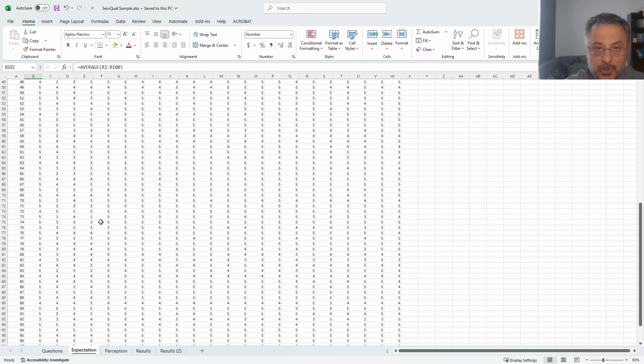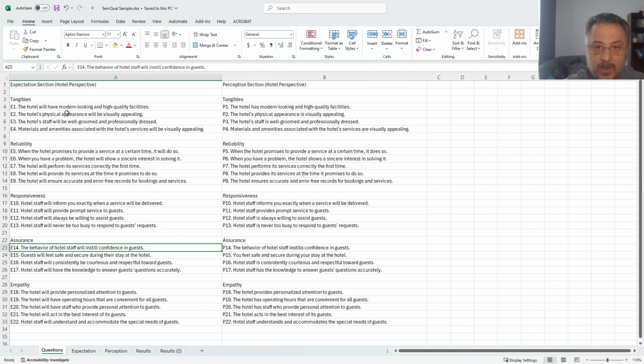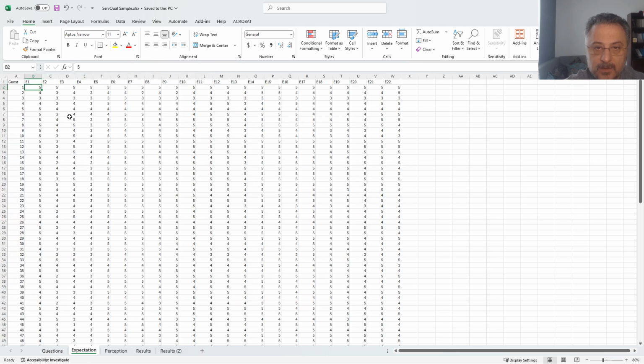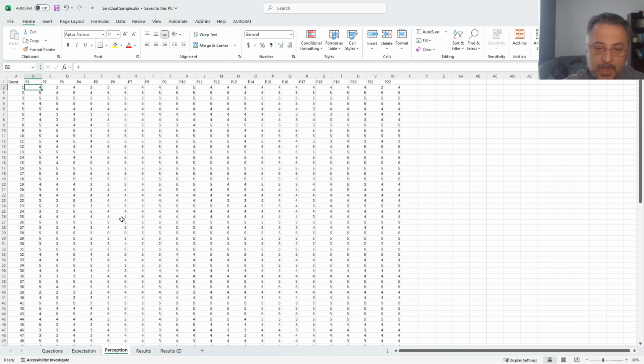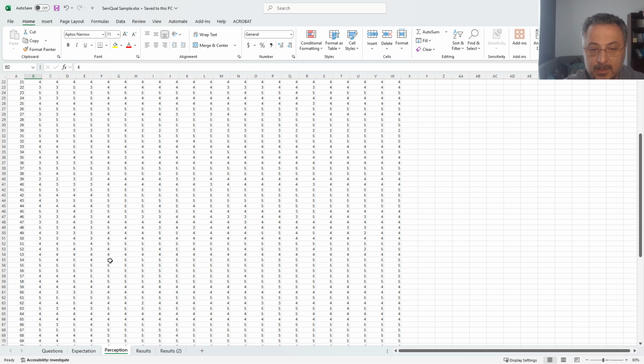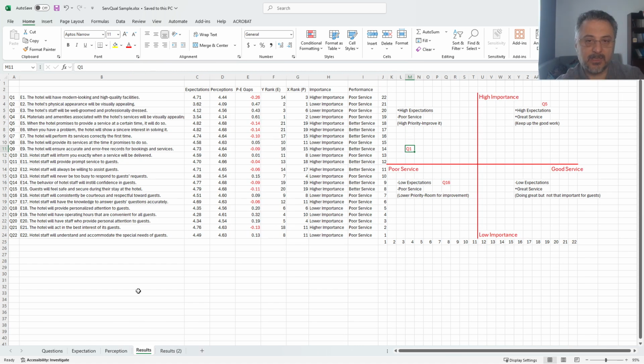For example, this person was expecting modern looking and high quality facilities, but got 4. Basically, perception was a little bit lower than expectation. So you do the same thing, you calculate the averages, then we start our calculations.